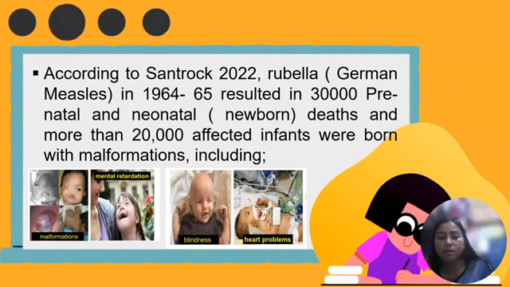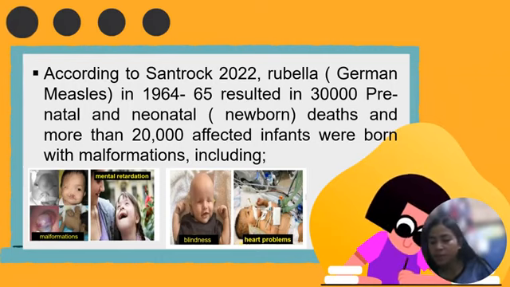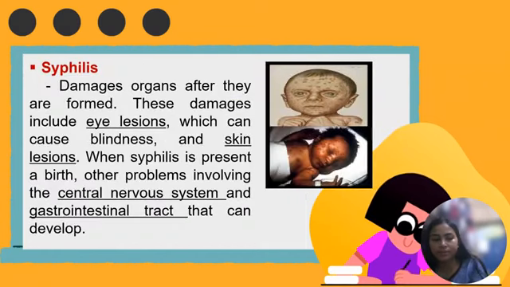Rubella, also known as German measles, is a contagious viral infection caused by the rubella virus. It is typically a mild illness, but if a pregnant woman contracts rubella, especially during the early stages of pregnancy, it can pose serious risk to the developing fetus.